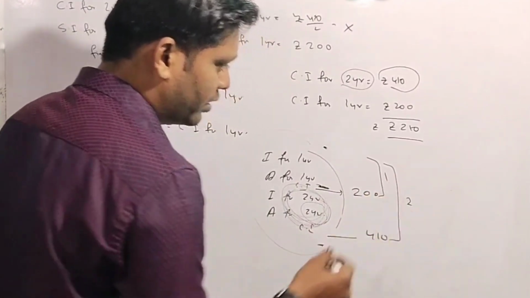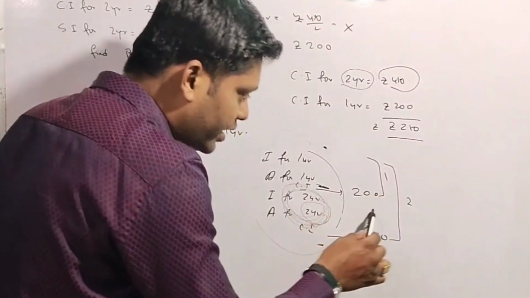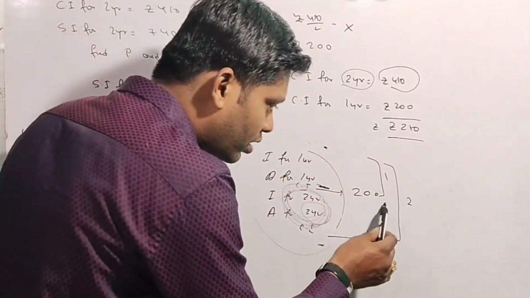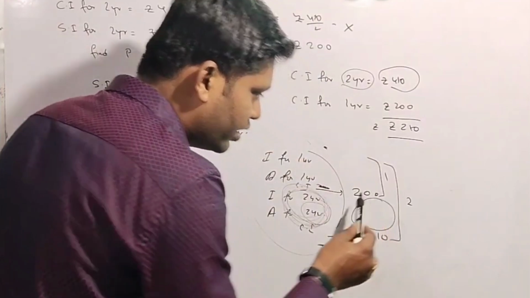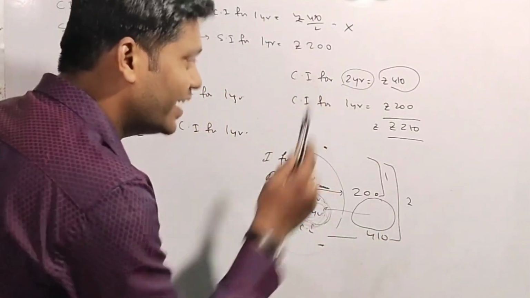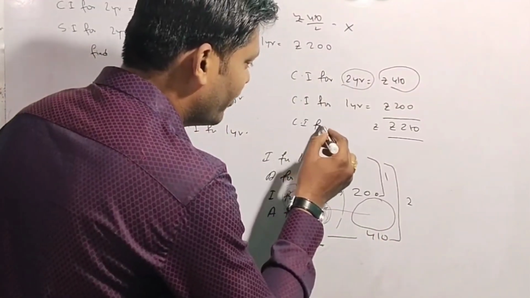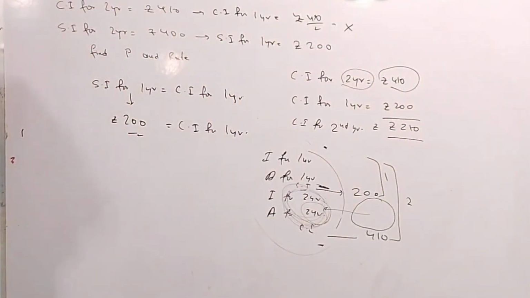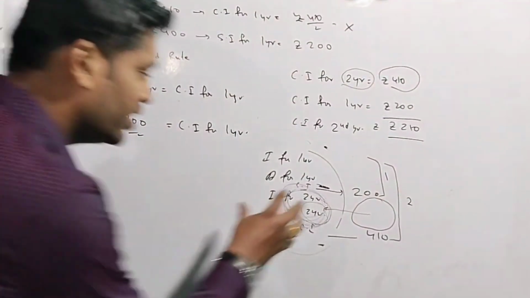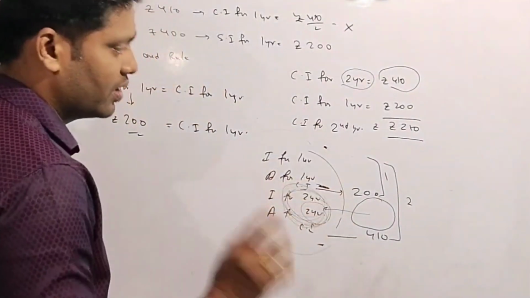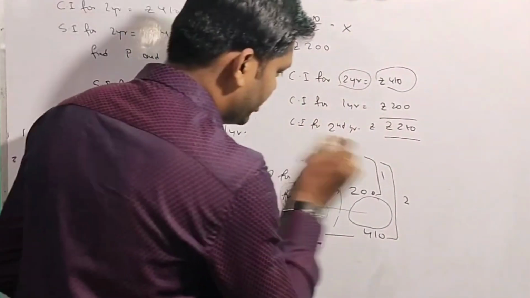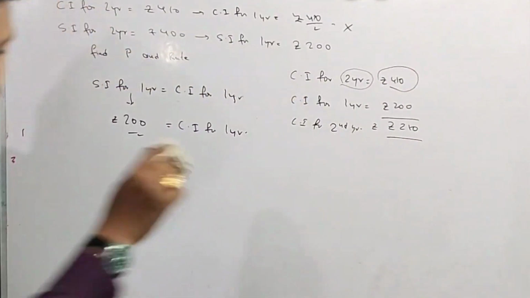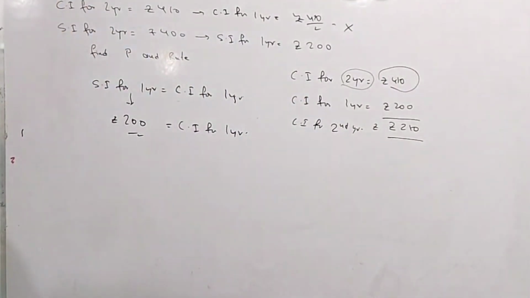If I subtract this one from this one, I am going to get the compound interest for that particular year. That particular year is the second year. So CI for the second year, not 2 years, is 210. For that particular year only, not from the starting, it is 210. So compound interest for the second year is 210.